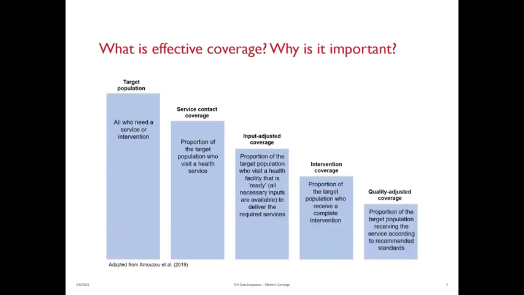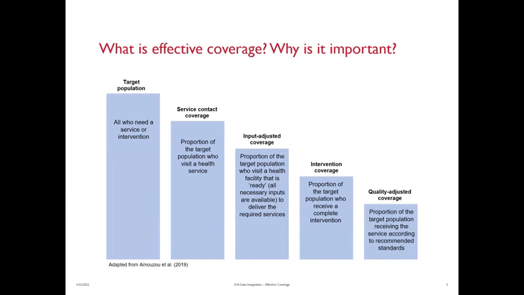Now, effective coverage puts all of these different pieces together for a more holistic picture of what is happening with a service in a country or in a population. This image shows the effective coverage cascade, where we start with the population who need a service and stepwise build upon that.